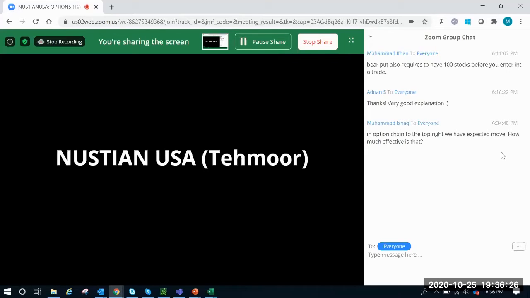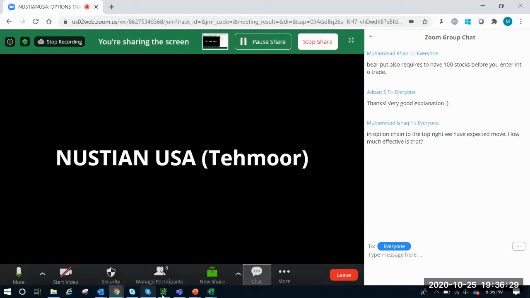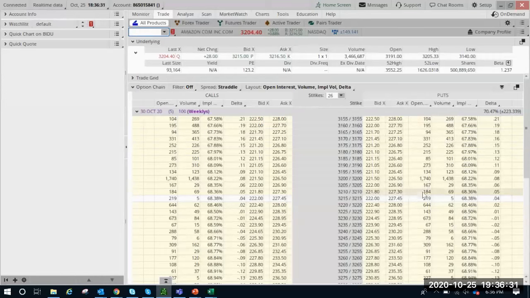Generally I don't trust that too often, and I don't have experience in that, so I don't want to bias you on something. Maybe Interactive Brokers has a better algorithm, or TD Ameritrade or Tradier has a different one. It depends on how they are coming up with those probabilities, so I don't want to endorse that at this point.